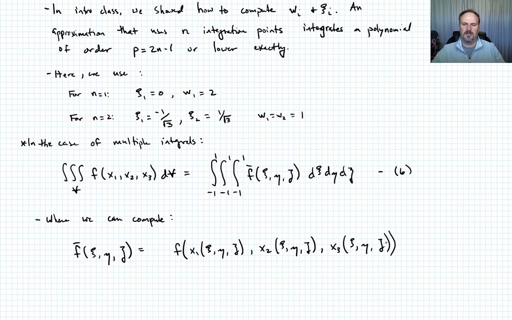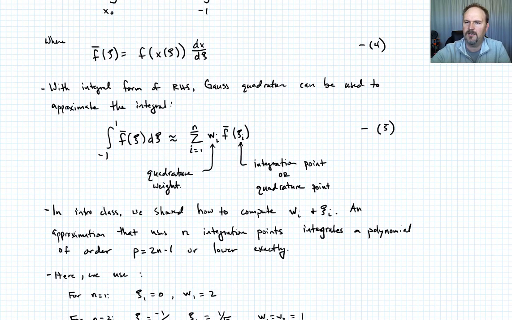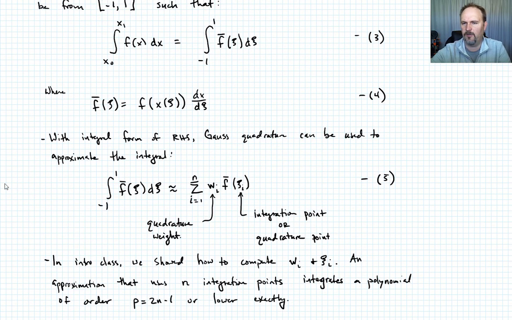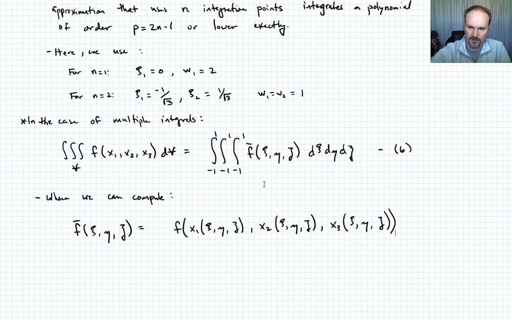So that hasn't changed. But if you remember, let me scroll up really quick, in the calculation here, we had f bar equal to basically f, substituting these functions in here, times dx d xi, right? But now we have a volume integral, and what we need is to talk about what goes in front of this.